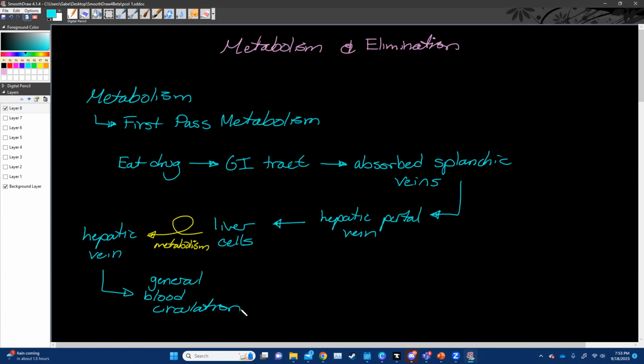So you eat the drug, it goes into the GI tract, gets absorbed and enters into the liver first, where it is metabolized and then leaves the liver and gets dumped into the general blood.